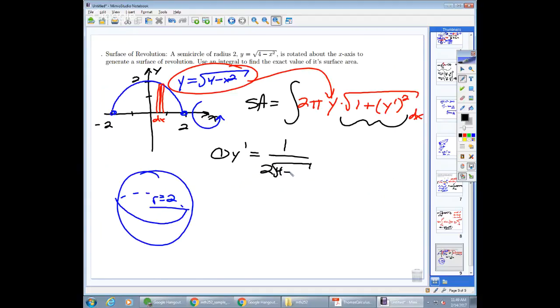Inside there is a 4 minus x squared. Chain rule applies here. Derivative of 4 minus x squared is negative 2x. So that cleans up a little bit.